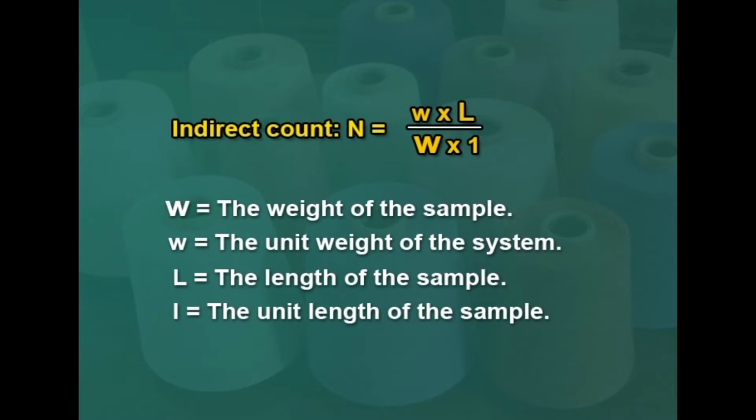For cotton, worsted, linen and wet spun yarns especially, we use this indirect method of counting. The indirect count can be calculated by taking the unit weight of the system into the length of the sample, divided by the weight of the sample into the unit length. So, this gives the count of the yarn.